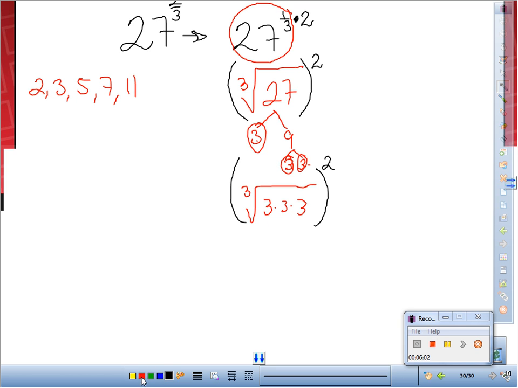It's saying what number multiplies itself 3 times in here, now that we have it prime factored? What number is that? 3. So we rewrite it right here, and that's going to be 3 in parentheses to the second power. So what is 3 to the second power? This becomes 3 times 3, which is 9. Copy that, please.